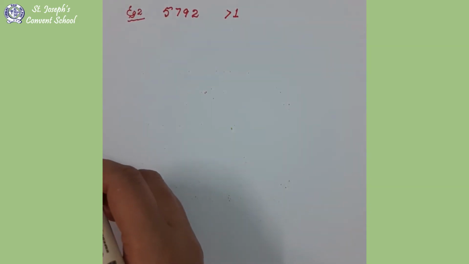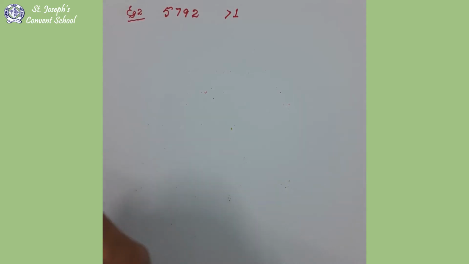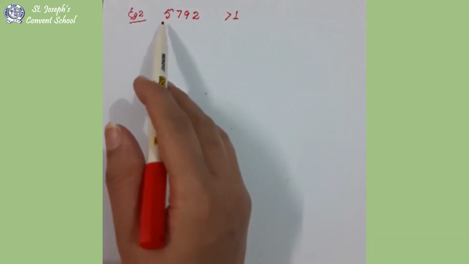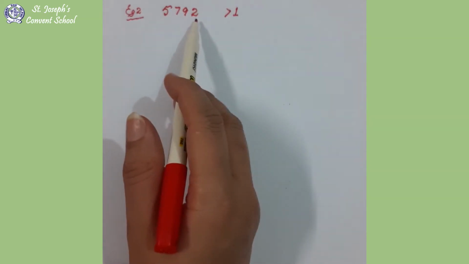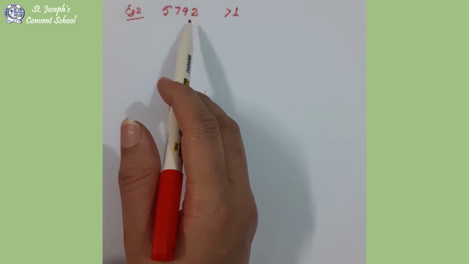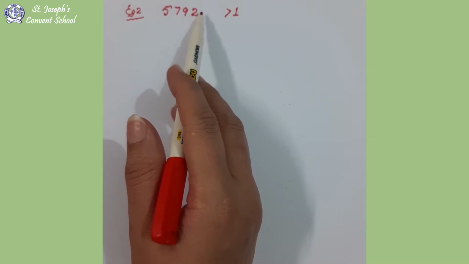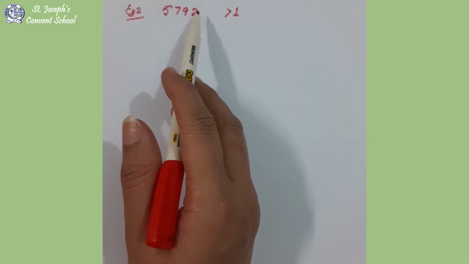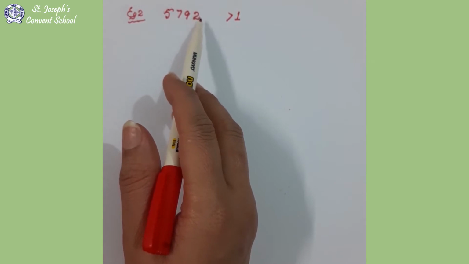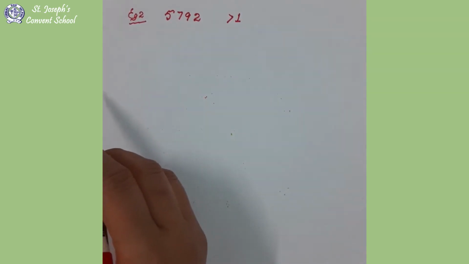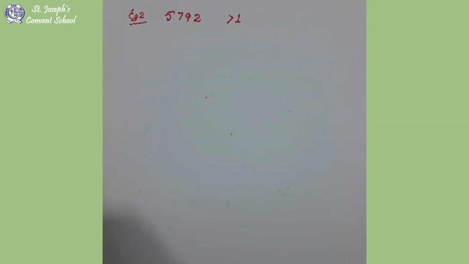The same rule applies: shift the decimal after the first non-zero digit. In this case the decimal is not mentioned, so how do you find it? It is understood that the decimal is after the last digit, in the end.